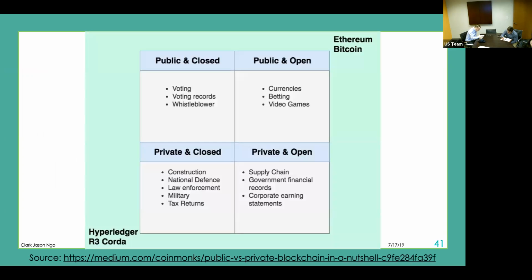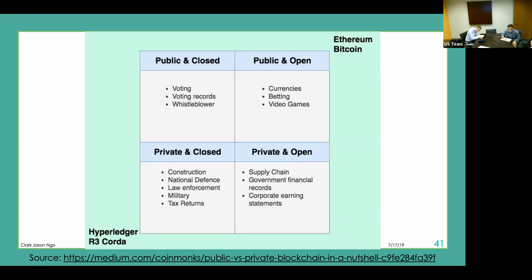So here would be a cross section of what are public and closed, public and open, private and closed, private and open. So like, let's say public, we have voting records, whistleblower. This is really good for voting because we don't really want any changes in the voting ballots.